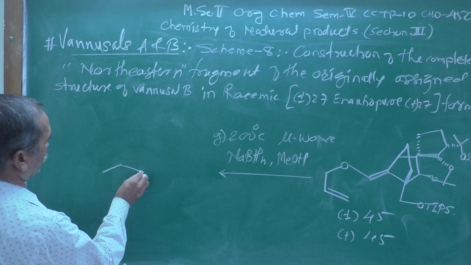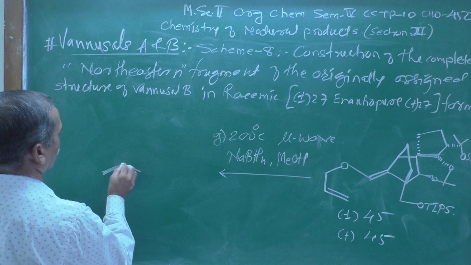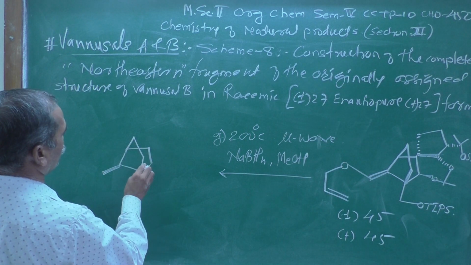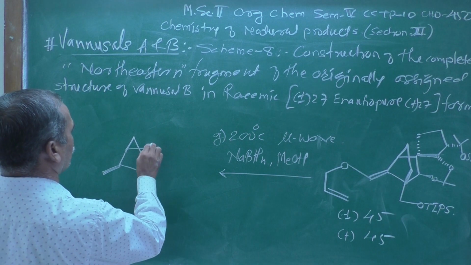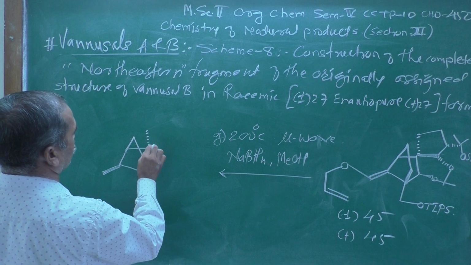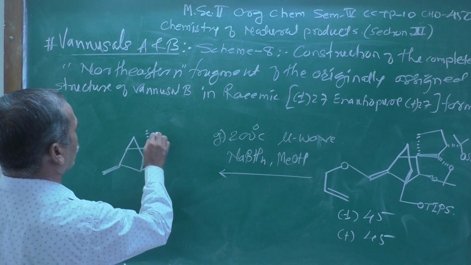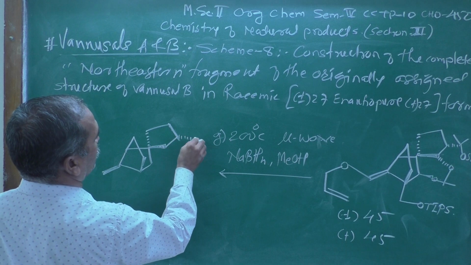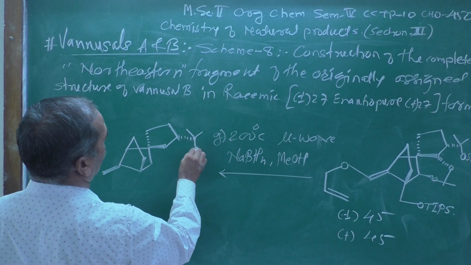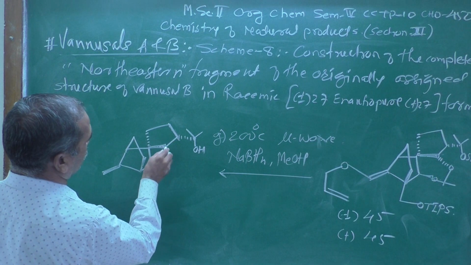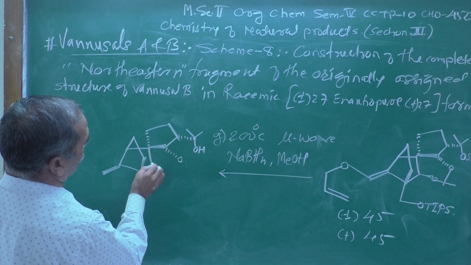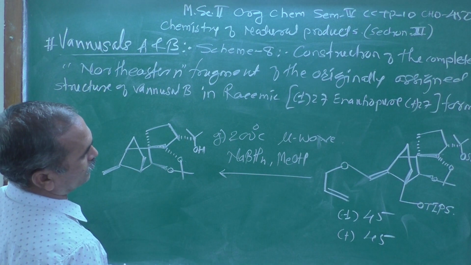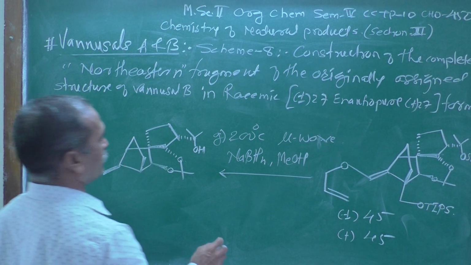You are going to get a structure like this, two 5-membered rings, and how they are joined together. This is the 5-membered ring which I am representing. The other group remains as it is, the hydroxy group. The 1,3 protection also remains as it is. Preferentially we got this one.